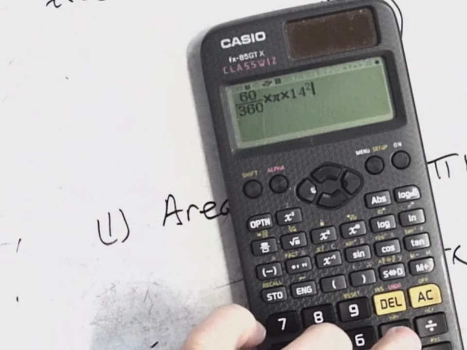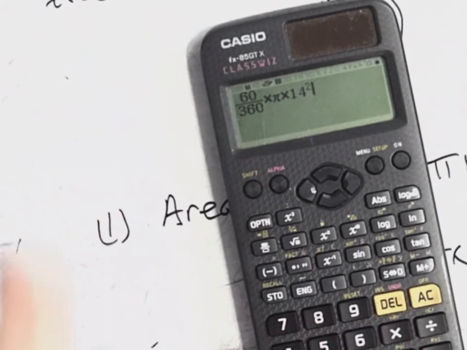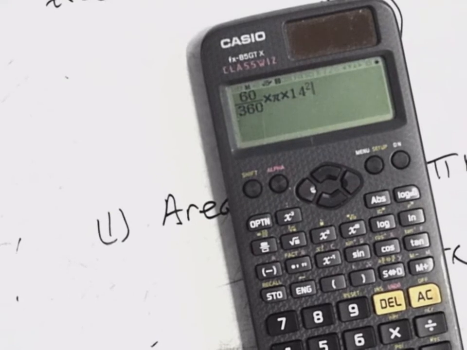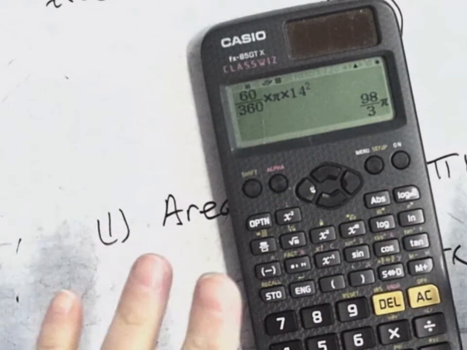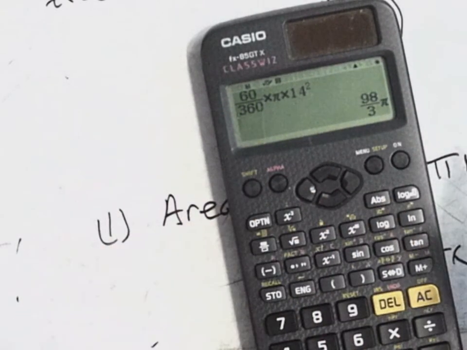Right, okay, yeah. You know the way we understand that when two numbers are written beside each other, they're multiplied, the calculator doesn't understand that, you have to put in the multiply sign. Okay, right, equals, and when you put that in, girls, first it'll tell you 98 over 3 pi, right?